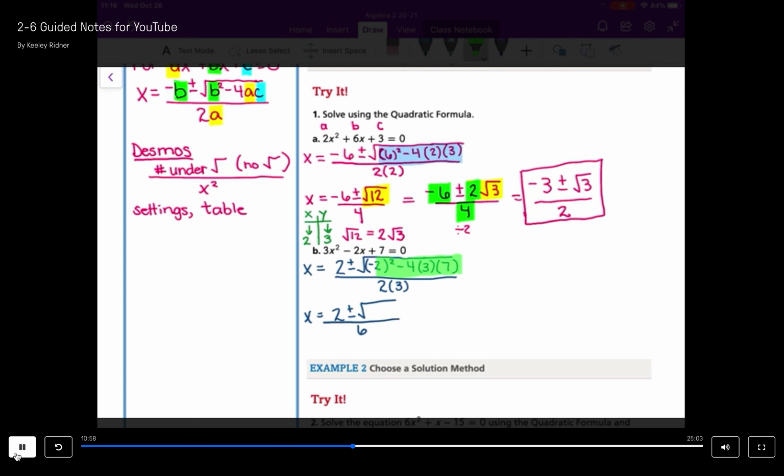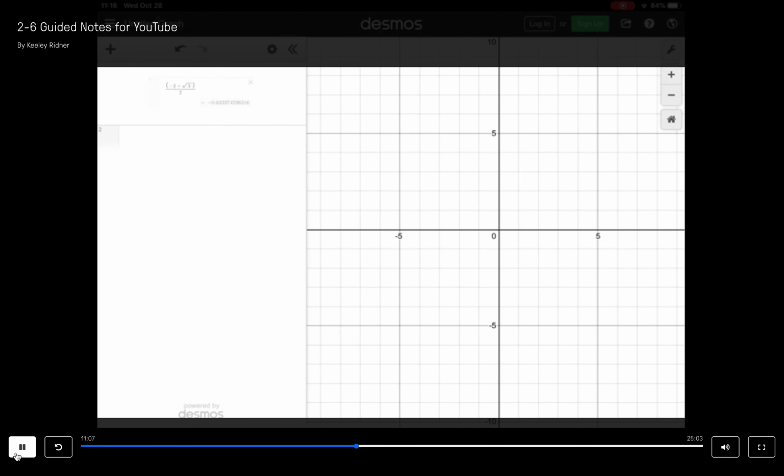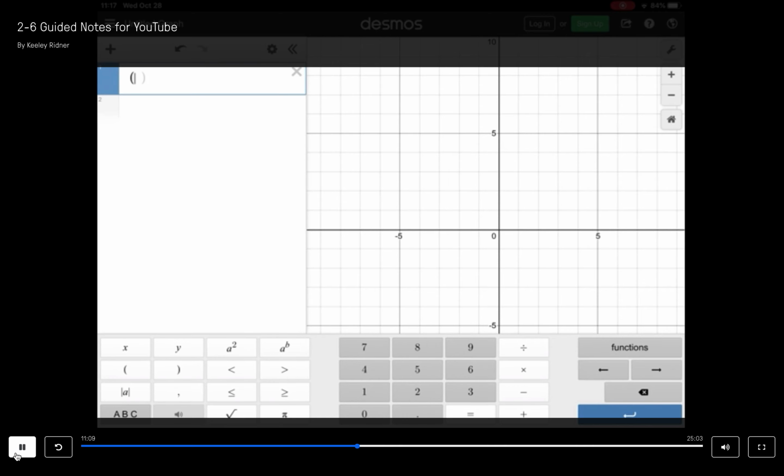Next, I'm going to put that part in my calculator, no square root. Okay, so I get negative 80.